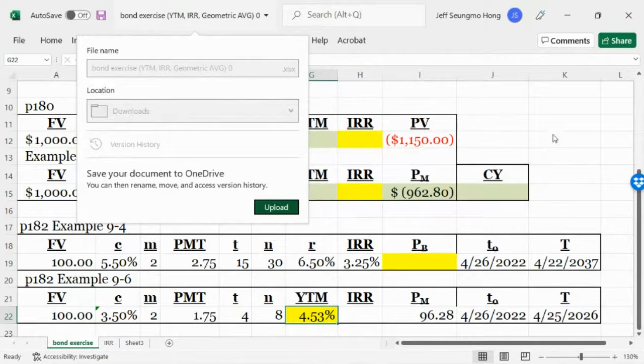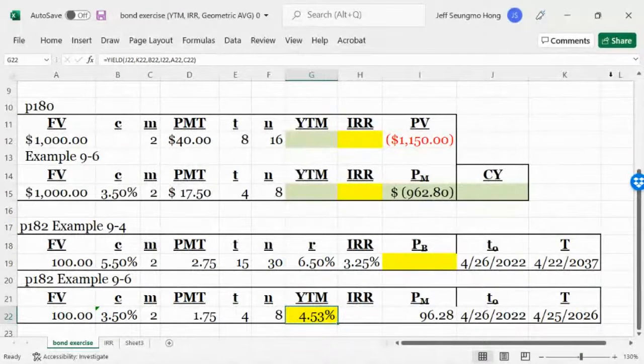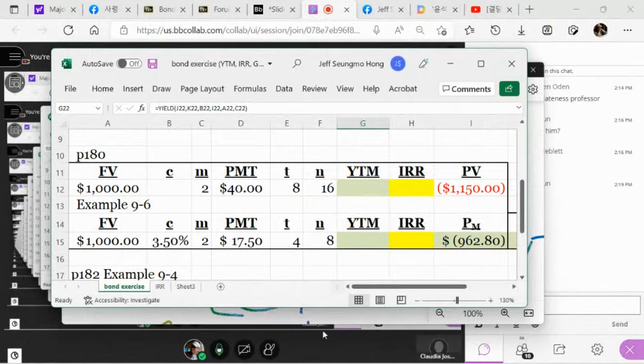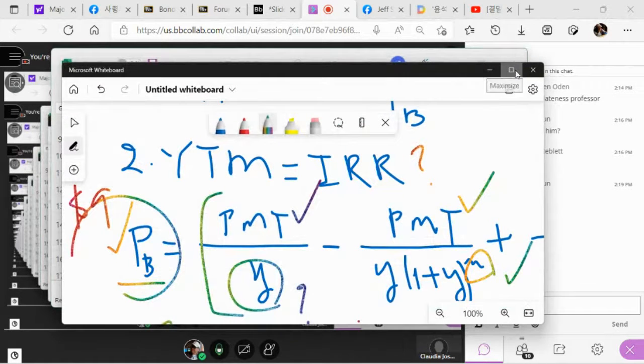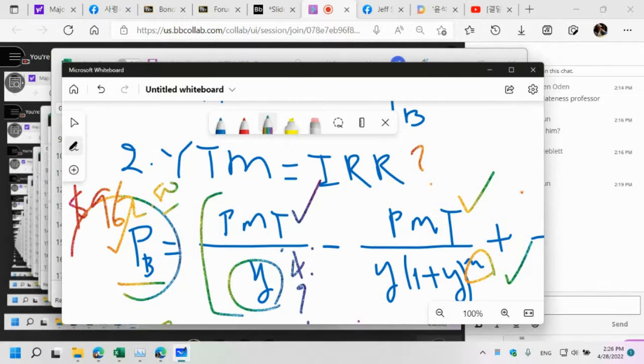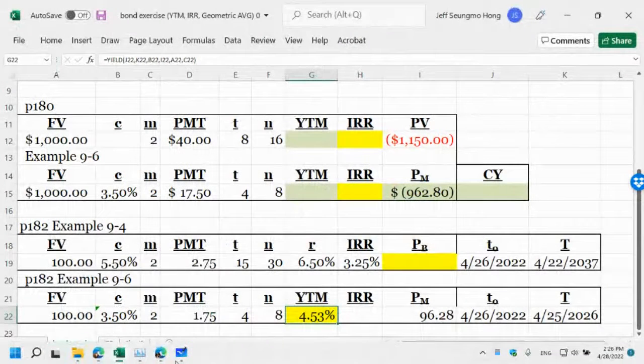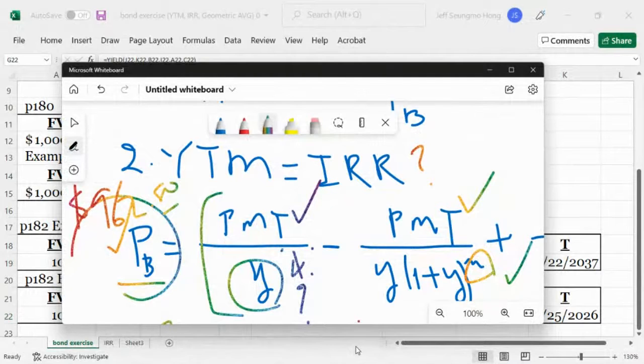It makes the 962.80. Okay, so 4 point something percent, .53%.